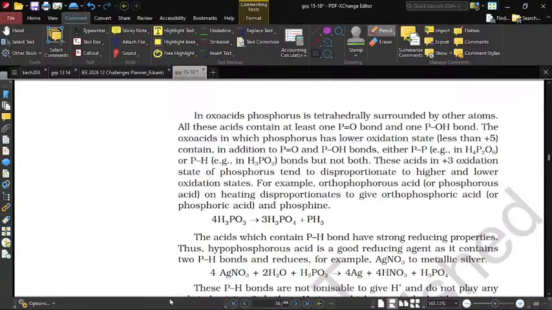All these acids contain at least one P=O bond and one P-OH bond. The oxo acids in which phosphorus has lower oxidation state, that is less than +5, contain an additional P=O and P-OH bonds, either P-P, example in H4P2O6, or P-H, example in H3PO2 bonds, but not both.